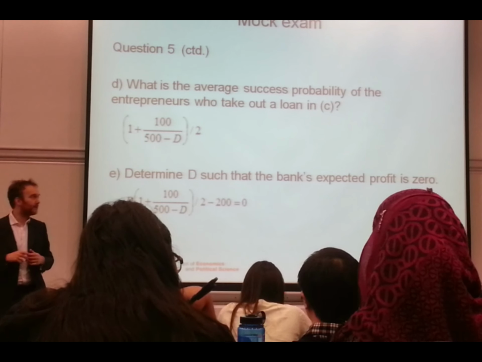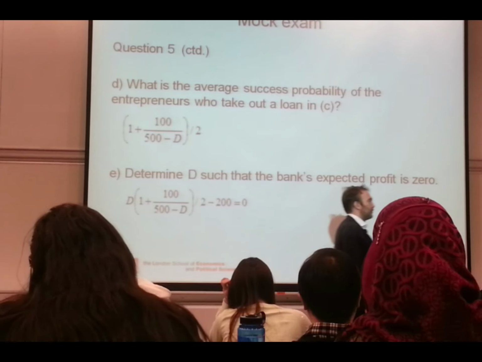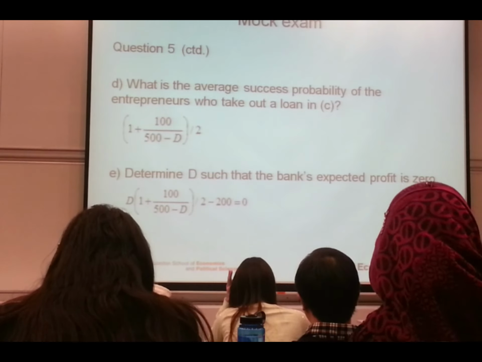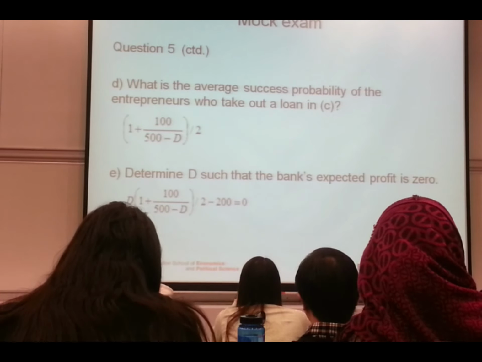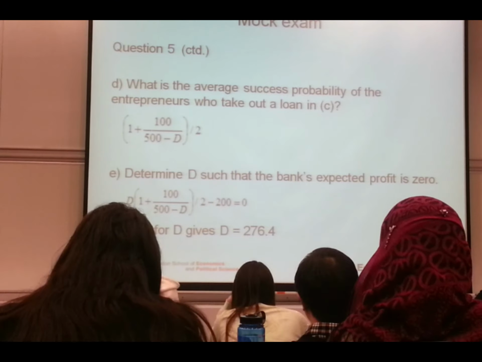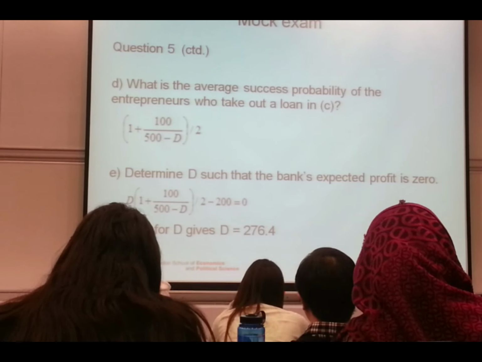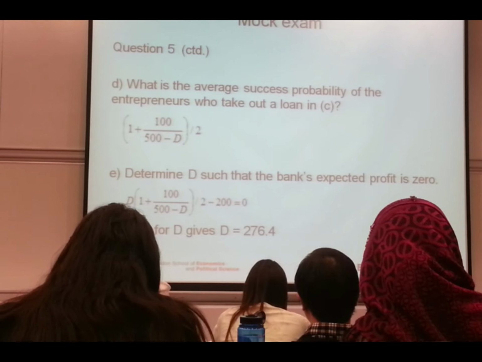Okay? So you're then asked to determine D such that the bank's expected profit is 0. So it's all building up very clearly.